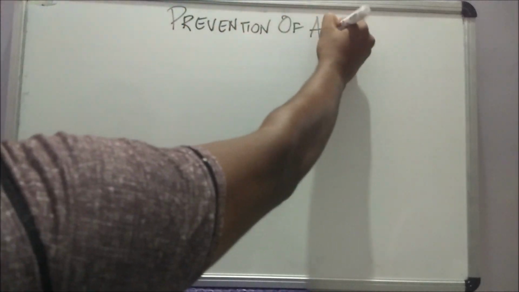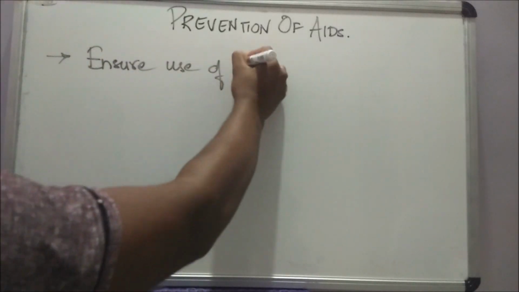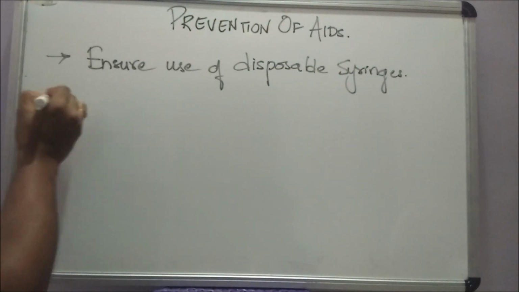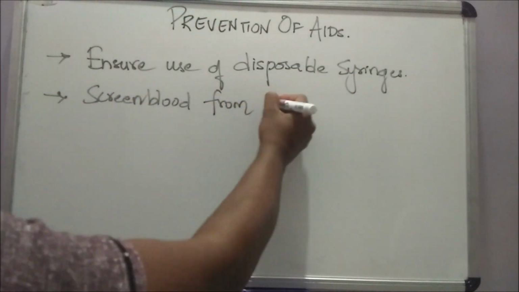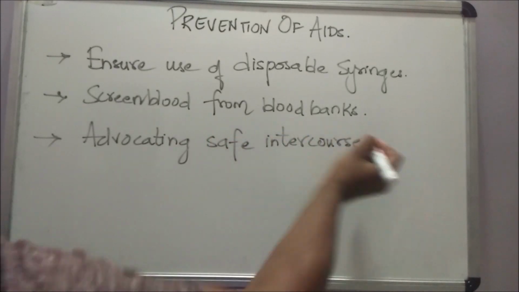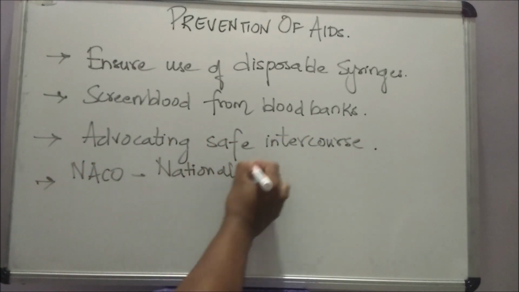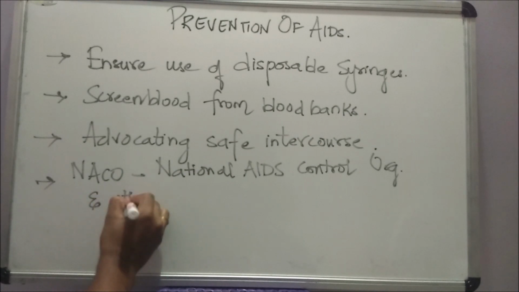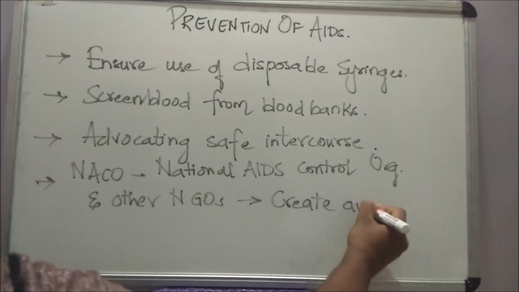Now, how do we prevent this disease? By ensuring use of disposable syringes, screening blood from blood banks, and advocating safe intercourse. There are two kinds of organizations, the National AIDS Control Organization and other NGOs, that create awareness among people about the disease.